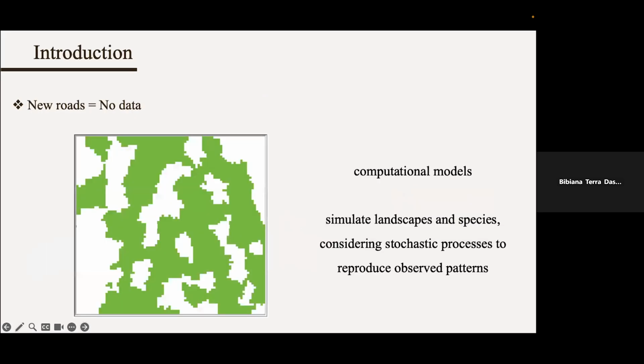However, when we are building new roads, we don't have data available to know this, and we can use computational models to help us plan mitigation. We can simulate landscapes and species, considering stochastic processes to reproduce observed patterns.